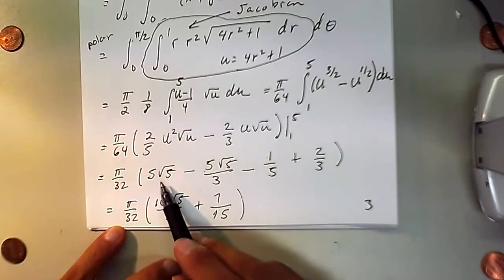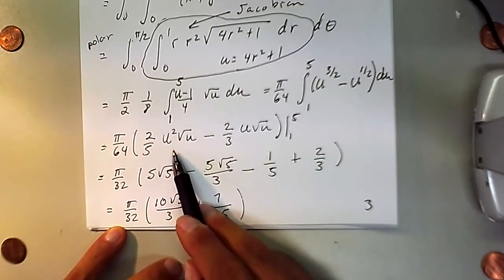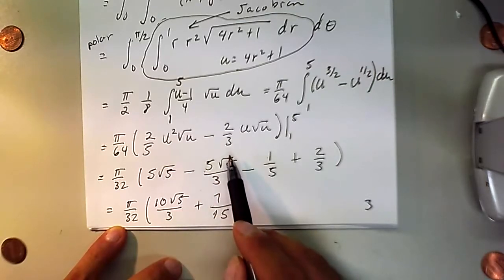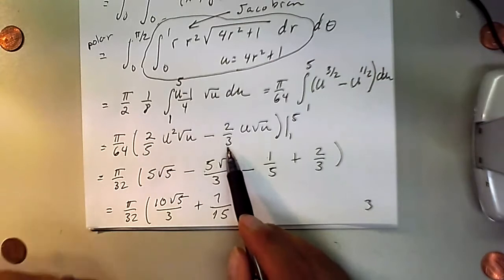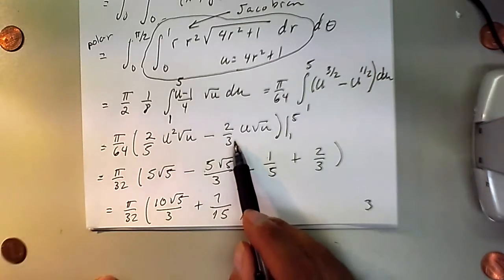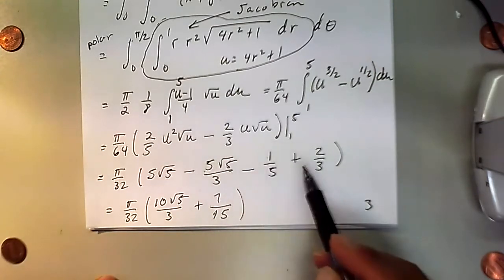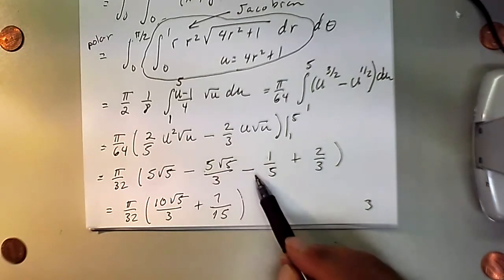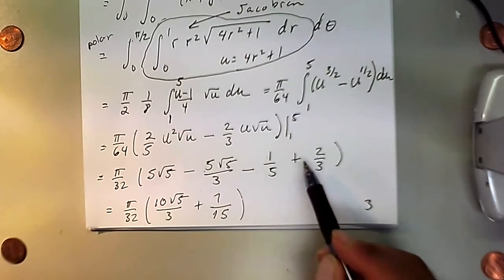I'm just double checking my steps real quick. 5 square root of 5 is 5. And then we have 2/3 of 5 root 5. But the 2 is out. Plug in the 1, 1/5, and 1/3.